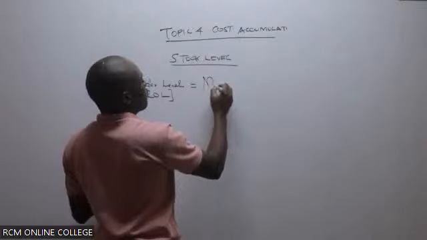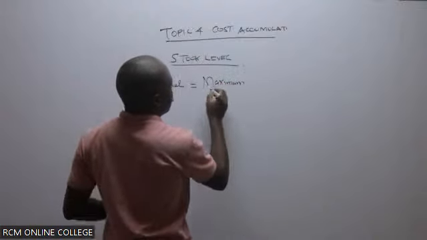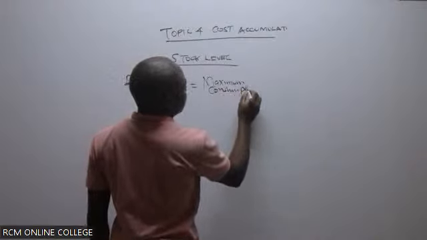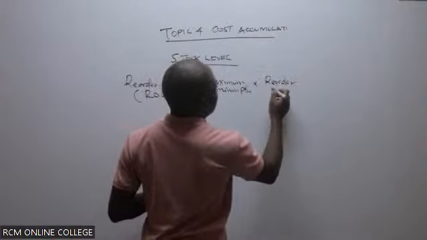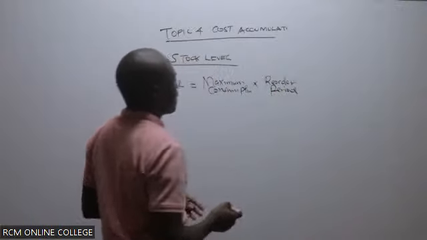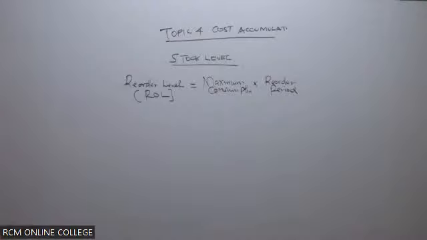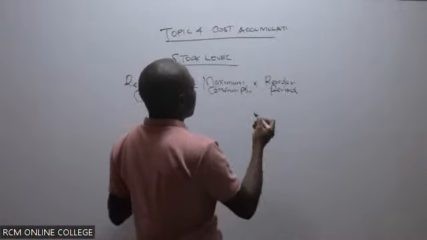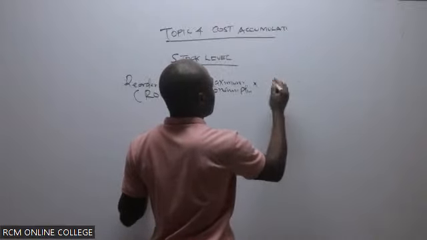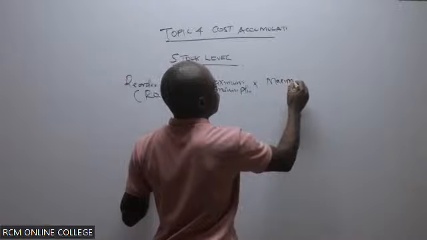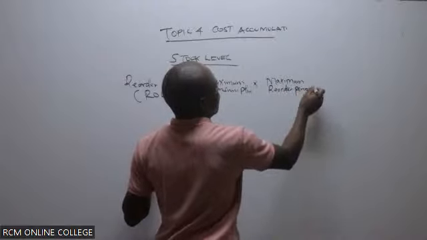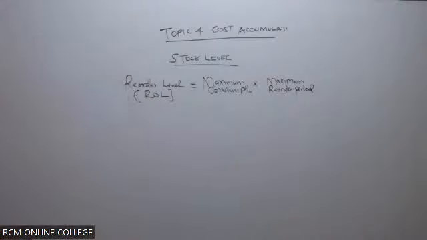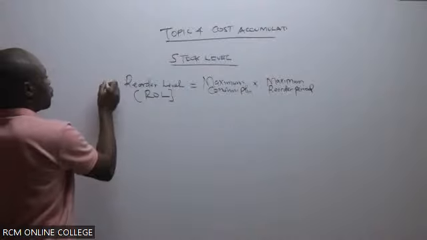So it is maximum consumption times reorder period, but not just reorder, maximum reorder period. So that's formula number one, which you need to have here.